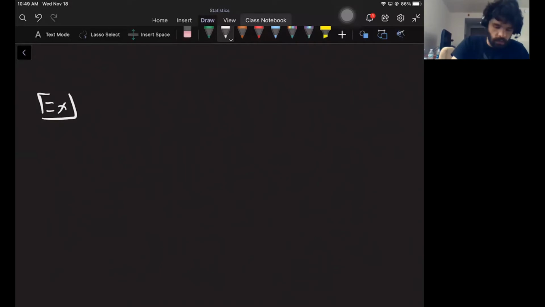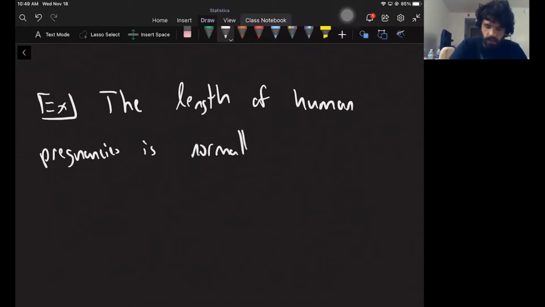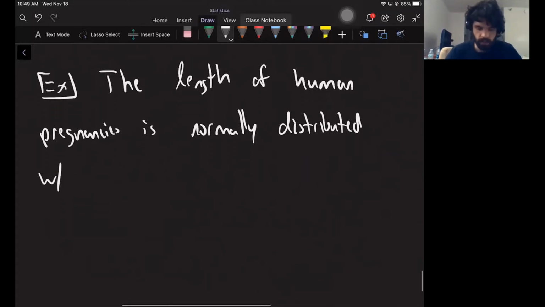Okay, so here's a new distribution. The length of human pregnancies is normally distributed. Again, it doesn't have to be. The point is that the sampling distribution that we create afterwards will automatically be normally distributed, which is good.